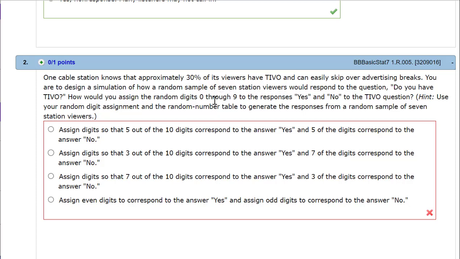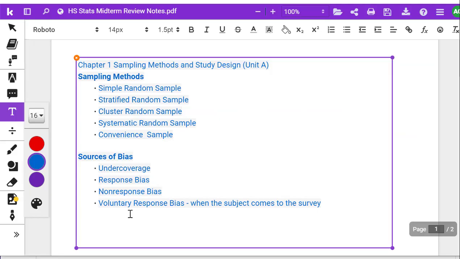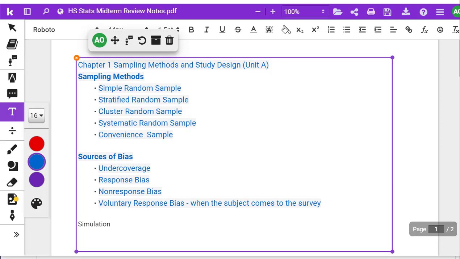The main thing on a simulation, let me add my notes. So simulation, this was one thing you did have to do. You need enough digits to model the percent of successful outcomes.